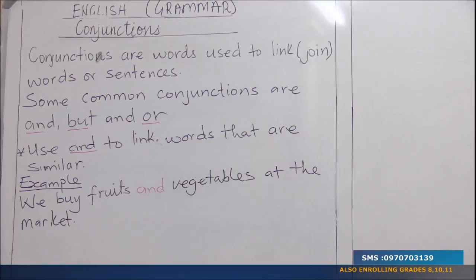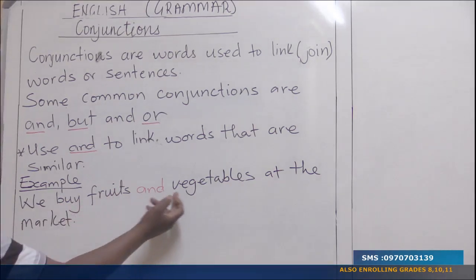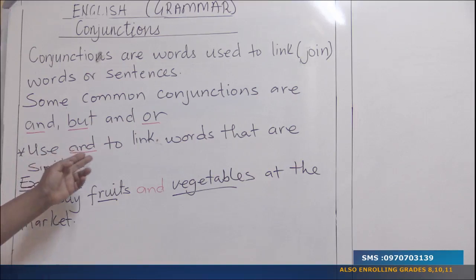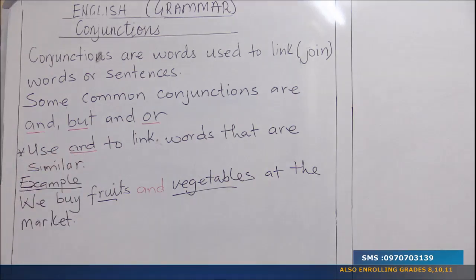Okay, so if you look at this sentence, we buy fruits and vegetables at the market. So the words that are similar, fruits and vegetables, these two words are similar. So that's why we're saying we use and to link words that are similar.